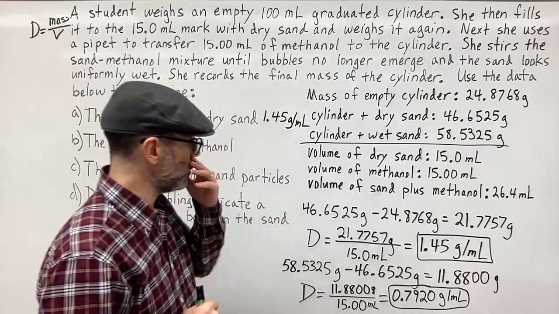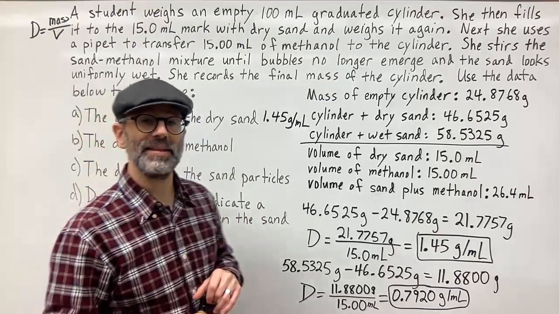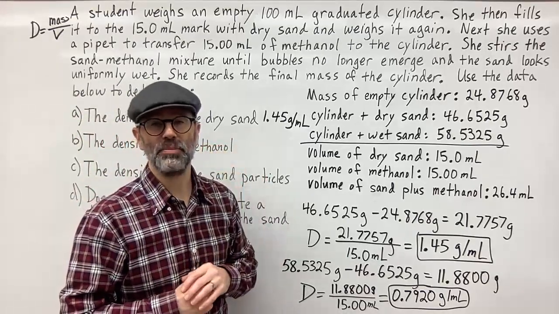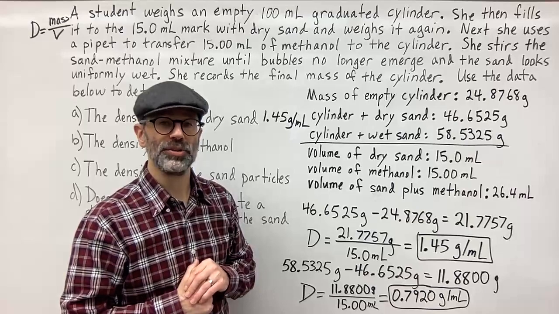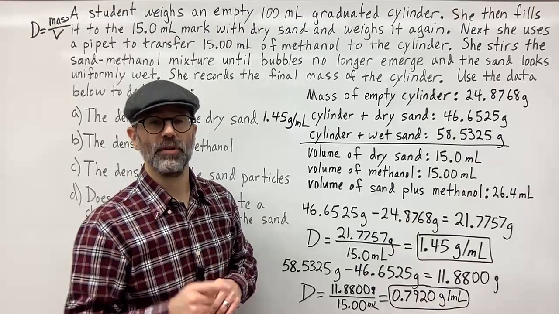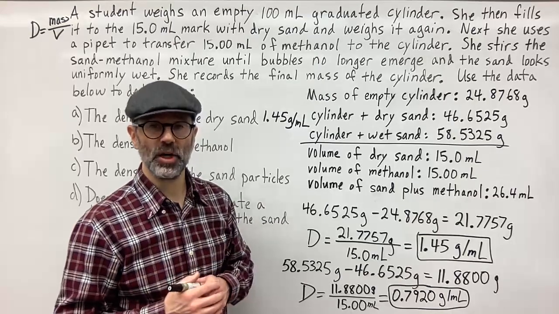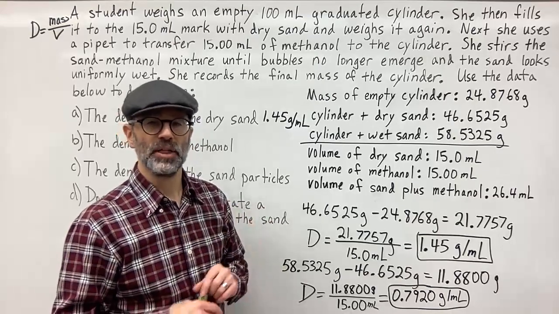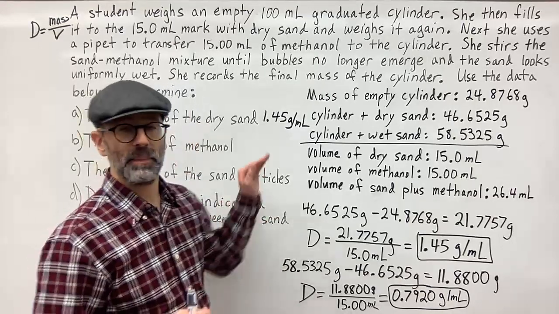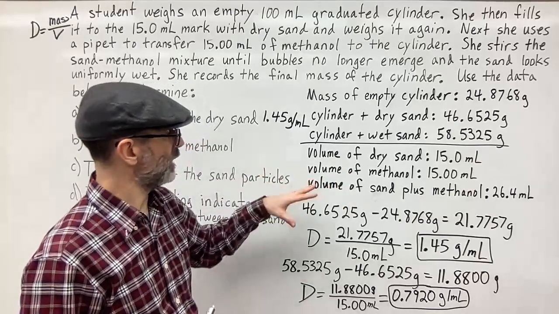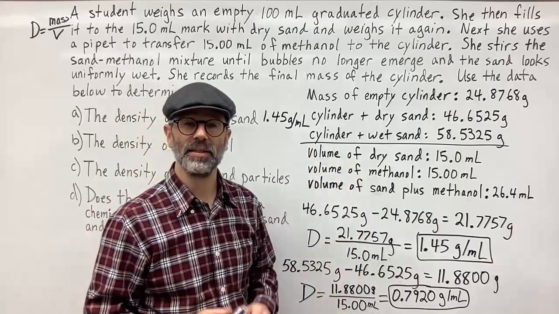So what we need to do is find only the space that was occupied by the sand particles themselves. Now this is where the total volume and the volume of the methanol is going to help us. Because remember, we put methanol into the graduated cylinder with the sand.